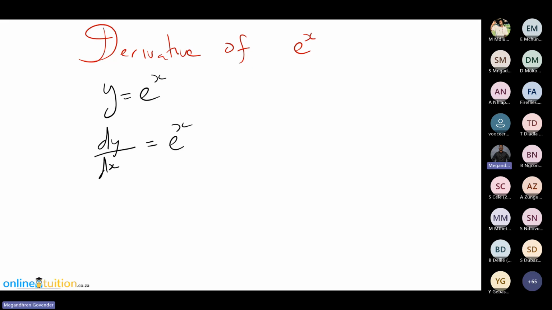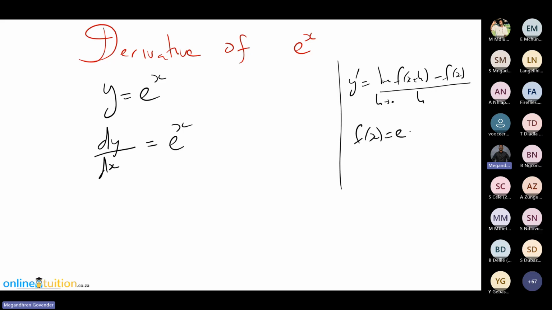Okay, so we'll be looking at indeterminate forms. We'll be looking at limits of indeterminate forms, and then from there we'll prove that the derivative of e to the x is e to the x. In fact, you can actually prove this using this here. Remember, y prime is the limit of f of x plus h minus f of x all over h, as h tends to 0, where f of x now is e to the x.